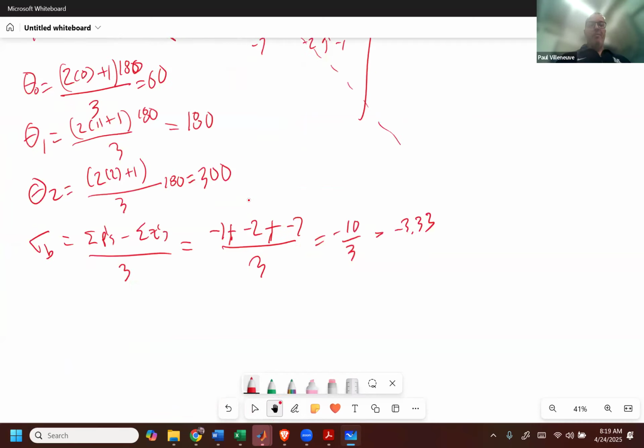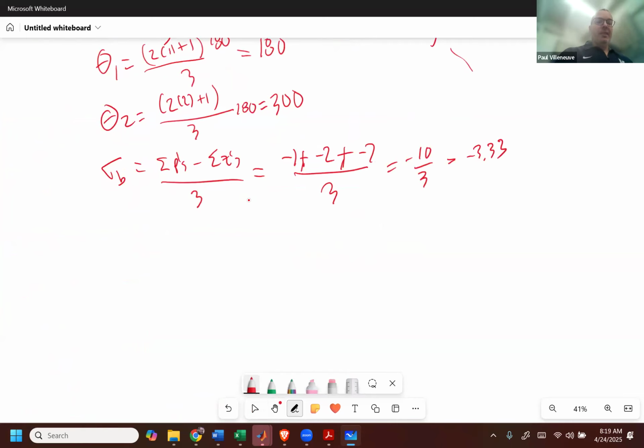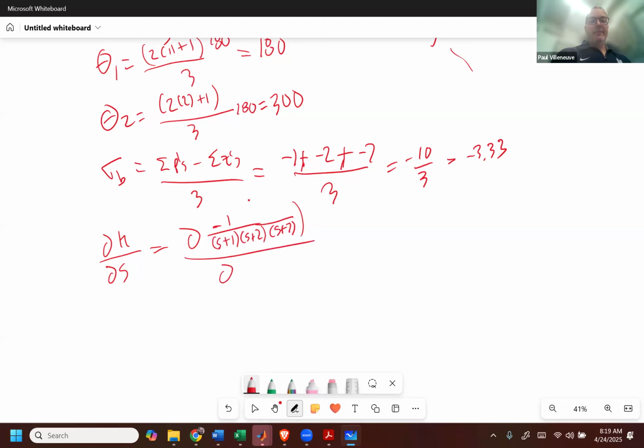So let's do that. The break-in points come from the partial of K with respect to s, which is equal to the partial of -1, because there are no zeros, over (s plus 1)(s plus 2)(s plus 7), with respect to s.